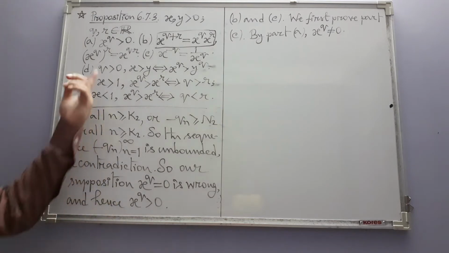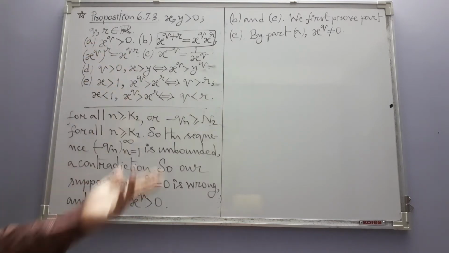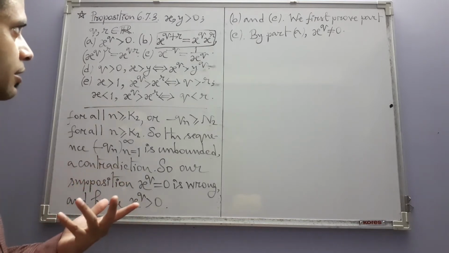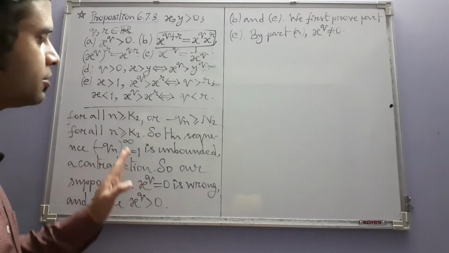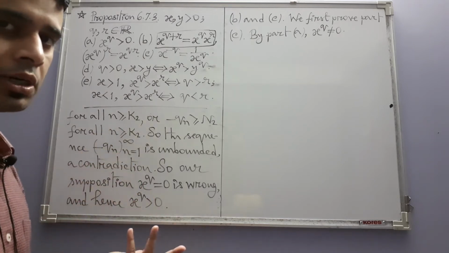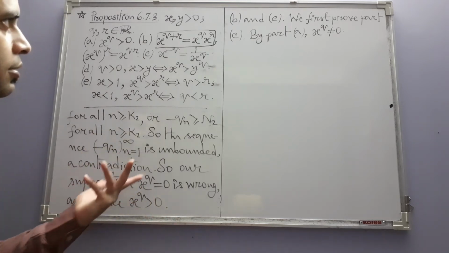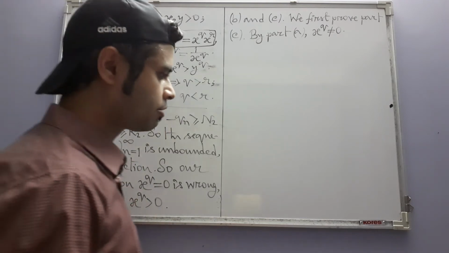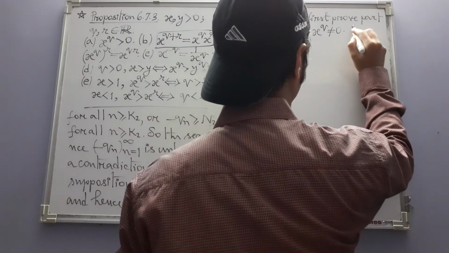Yeah, that we have already seen. It follows directly from part A that whatever positive real number x is and whatever real number q is, this power is non-zero. In fact, it is positive. We need non-zeroness here.